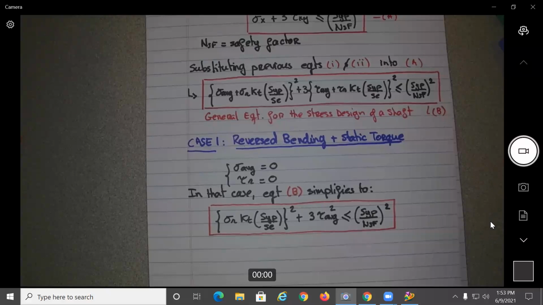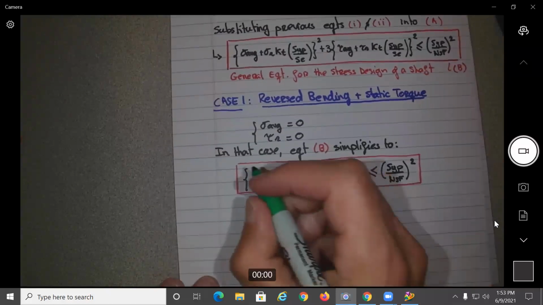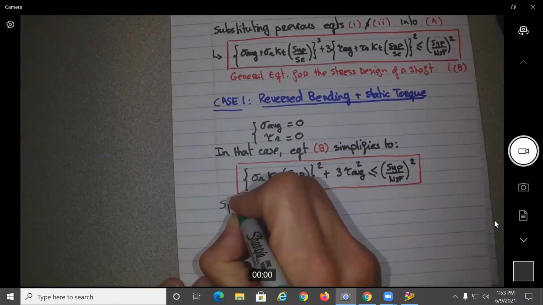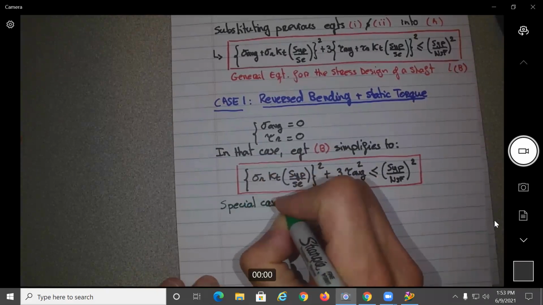Okay, so you will have this. This is a general notation, okay? Over here, special case. This is just for the understanding.